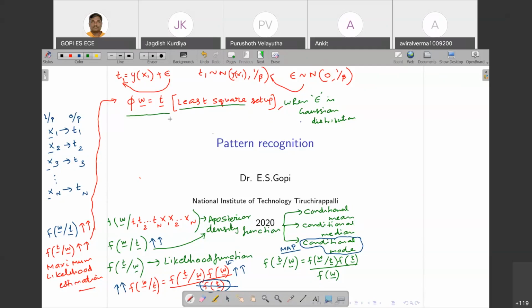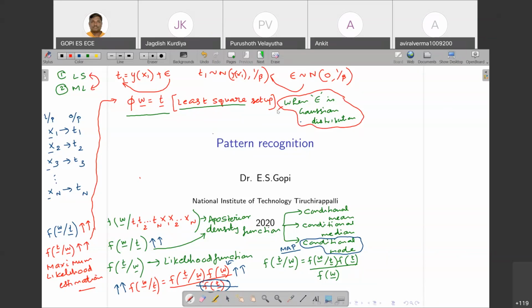So we can split this problem into two solutions: the least square solution and the maximum likelihood solution. But both are going to be the same when the noise is Gaussian. Otherwise, both are going to be different.